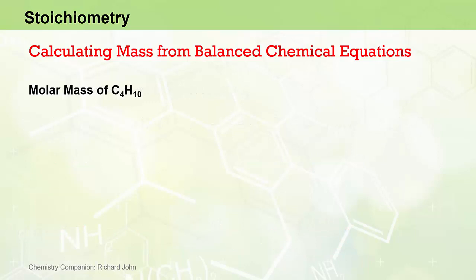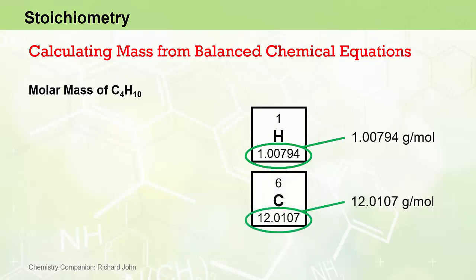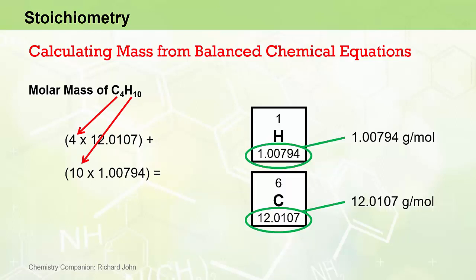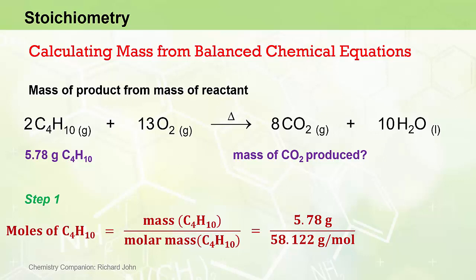Now we can quickly calculate the molar mass of butane, C4H10, from the information in the periodic table about the molar mass of hydrogen and the molar mass of carbon, which have molar masses of approximately 1.008 and 12.01 grams per mole respectively. The molar mass of butane is calculated by taking 4 times the molar mass of carbon plus 10 times the molar mass of hydrogen, which gives us 58.122 grams per mole as the molar mass for butane.